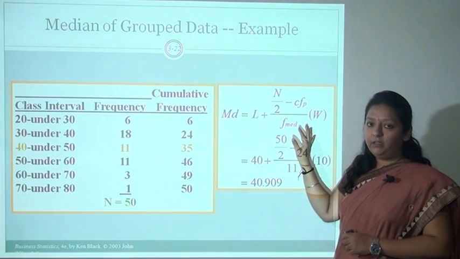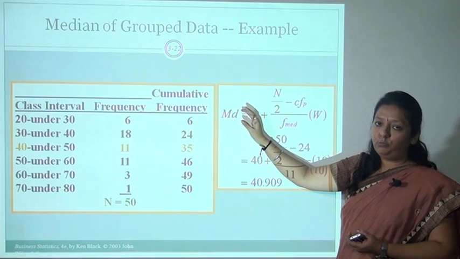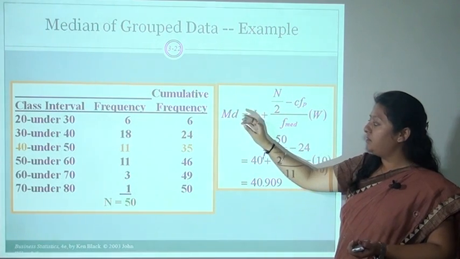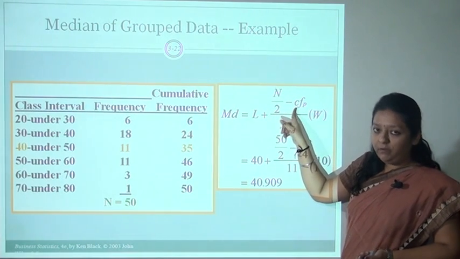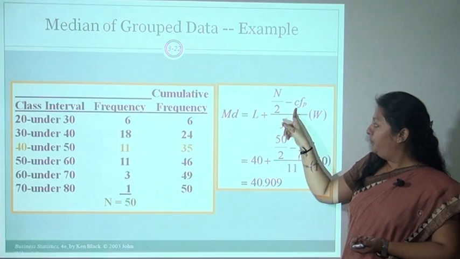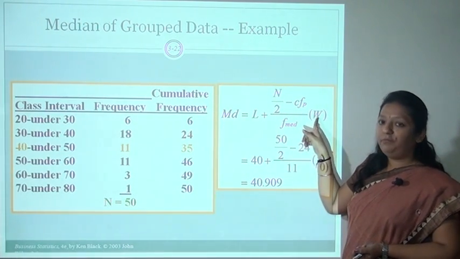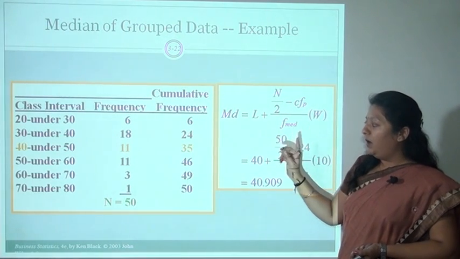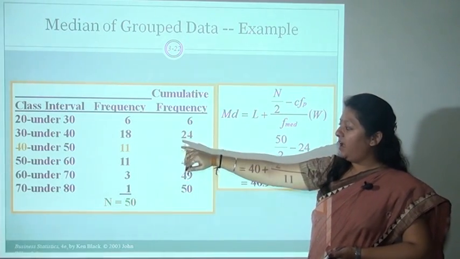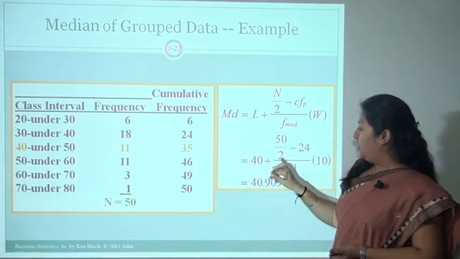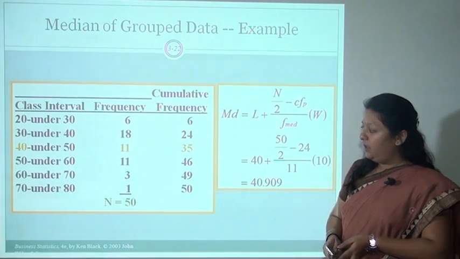Now we'll calculate the value of the median for group data. Again, the formula is L plus N divided by 2 minus the cumulative frequency preceding the class, divided by the frequency of the median class, times the width of the class interval. Here the median class has a lower limit of 35, which has a frequency of 11.